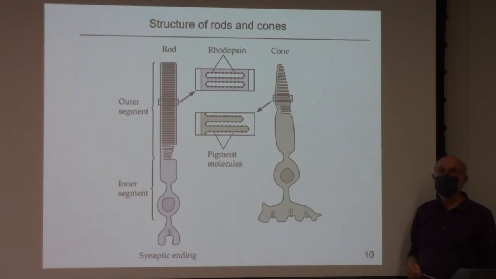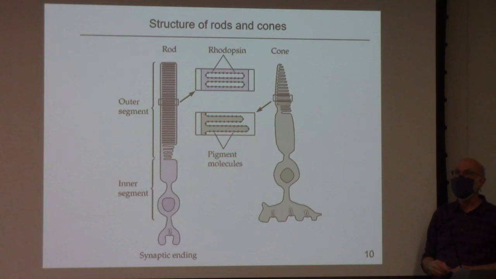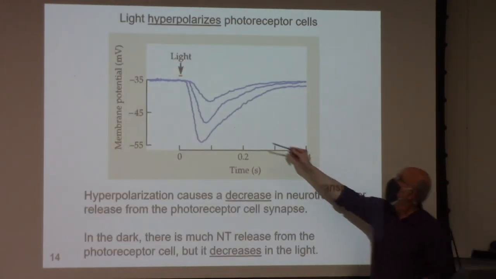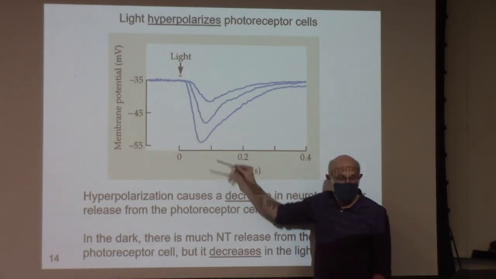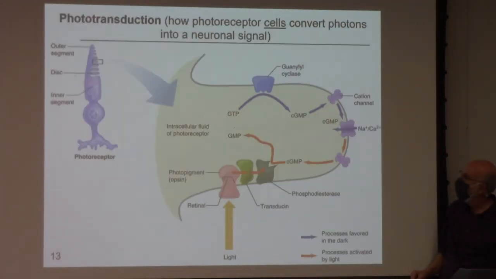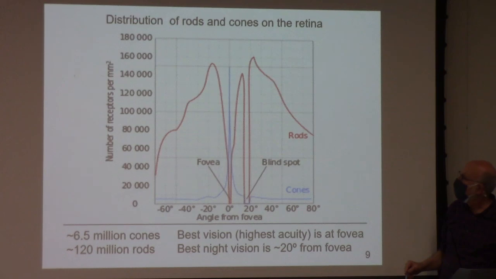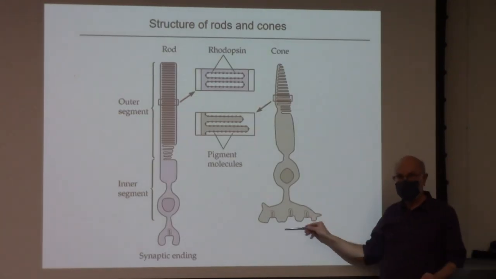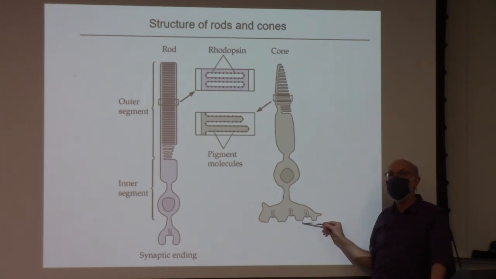Your photoreceptor cells are having to make a lot of GTP in order to make a lot of cyclic GMP. When light hits it, hyperpolarization reduces the neurotransmitter release.